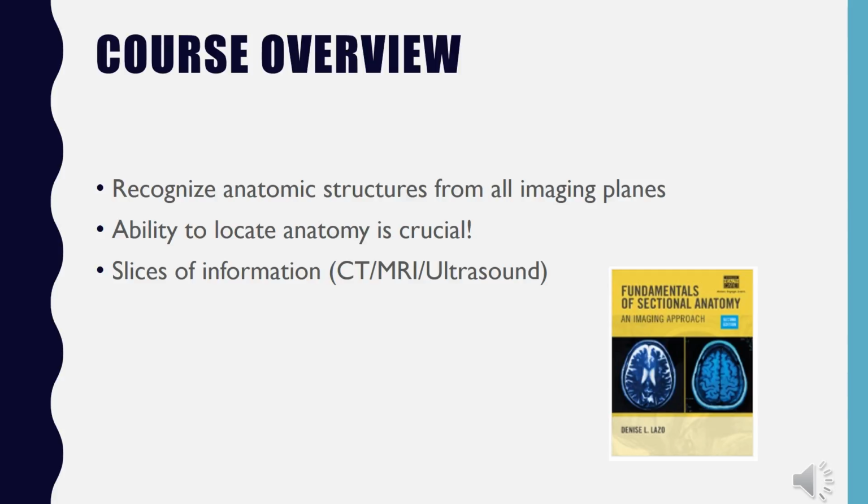So as an imaging technologist, it's going to be our responsibility to locate the anatomy in all of these planes. If we can't locate anatomy, we can't locate pathology, and we're not even going to be able to obtain a picture. So anatomy is very important as a technologist.